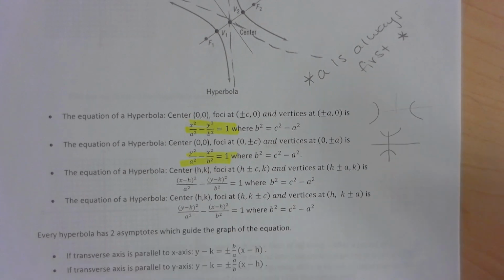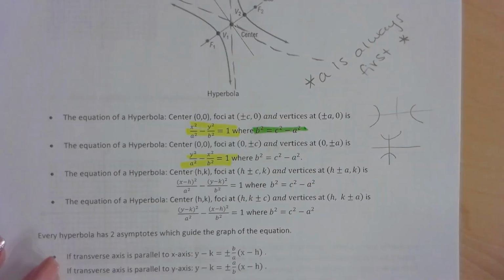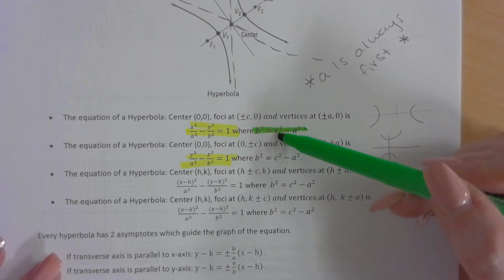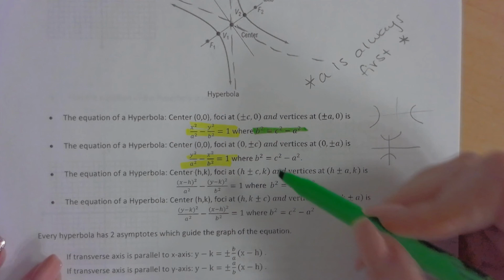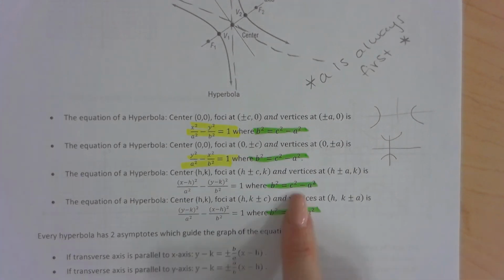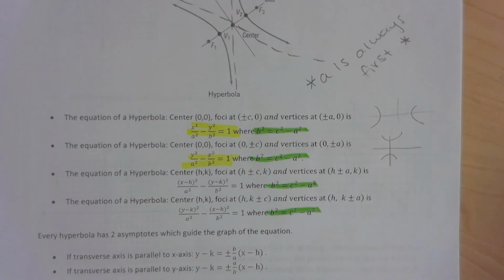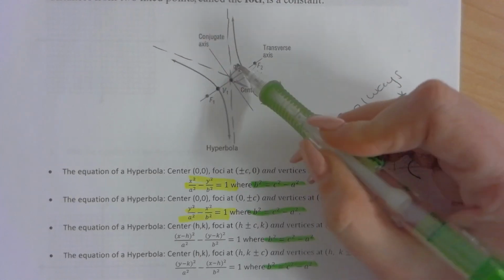Now, one other difference is how we're going to find C. So C still tells us our foci, but this time the formula is different. So instead of b squared equaling a squared minus c squared, now it's c squared minus a squared. Okay, so the formula, the c and the a switch spots. Now that should make sense because the distance to go from the center to the foci C is bigger than it is to the vertices compared to with an ellipse, right?